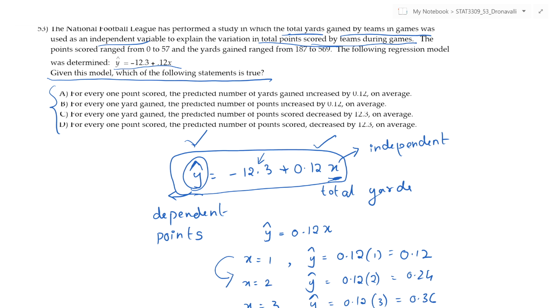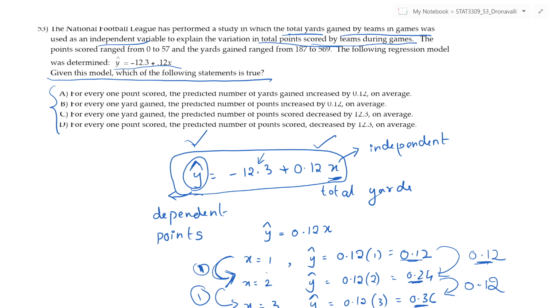So what this says is, as x increases by 1 point, my y value increases by 0.12. You see, the difference between this value and this value is 0.12, and the difference between this value and this value is again 0.12. So as x increases by 1 point, my y value always increases by 0.12.